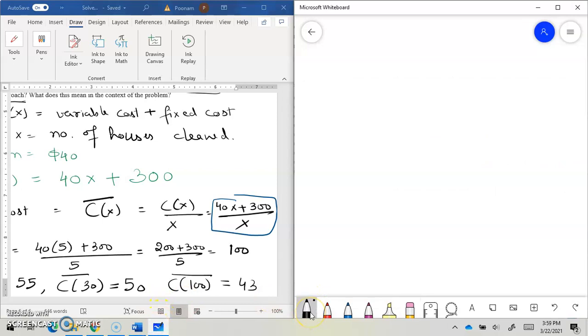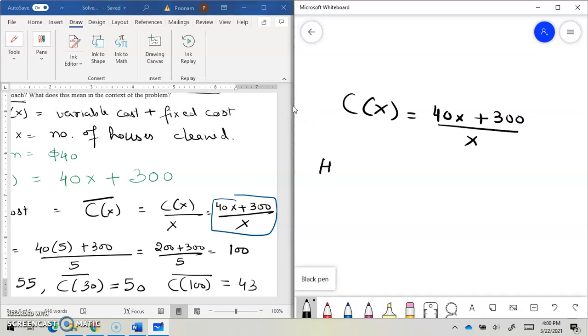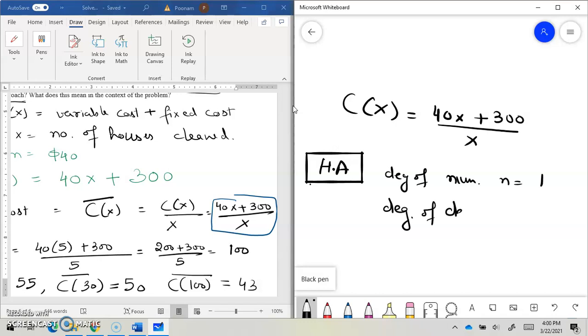Now let's look at the function one more time. This is a rational function. If I have to find the horizontal asymptote, how will I do it? The degree of the numerator, which is n, is 1. The degree of the denominator, which is m, is equal to 1. The degrees are the same.